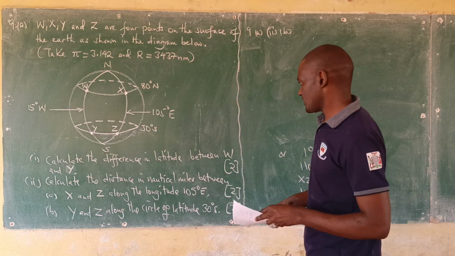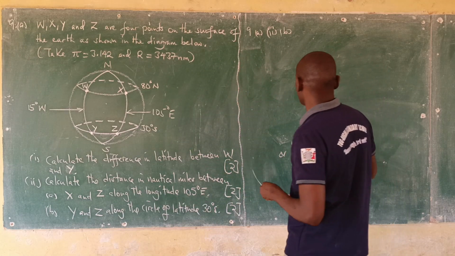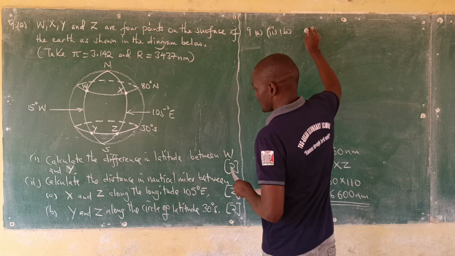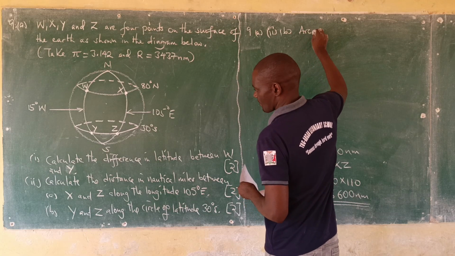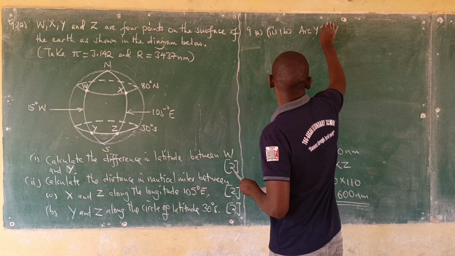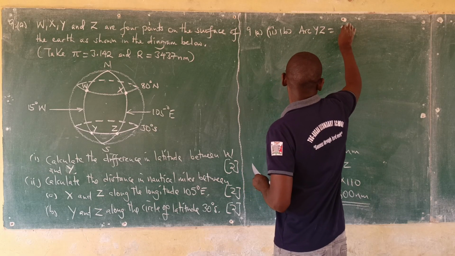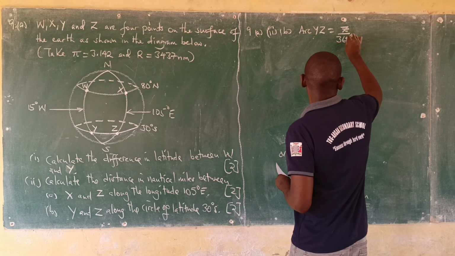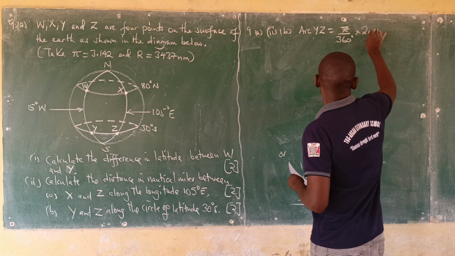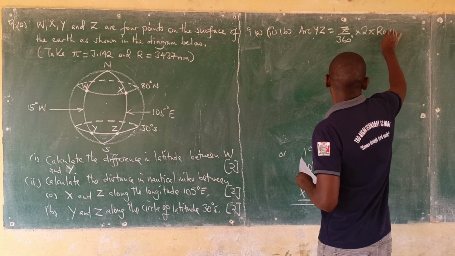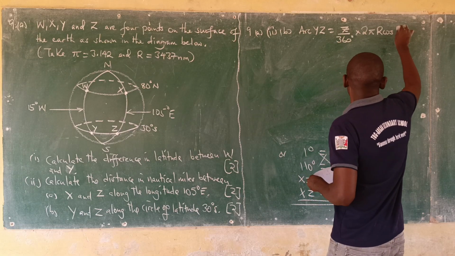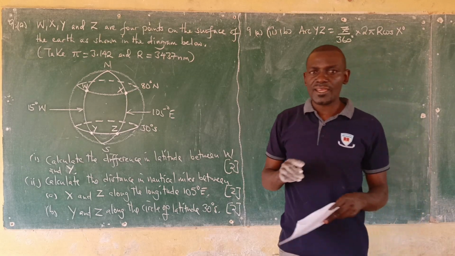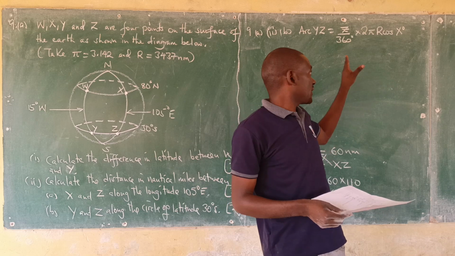So to calculate that distance, the formula is arc YZ is equal to, let me still use Z over 360 degrees times 2 pi capital R cos x. So when it is distance along a circle of latitude, that is the formula.